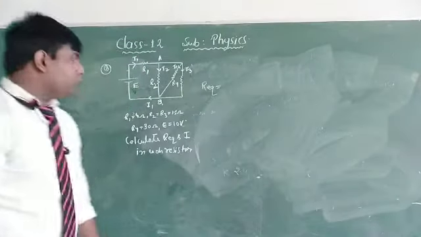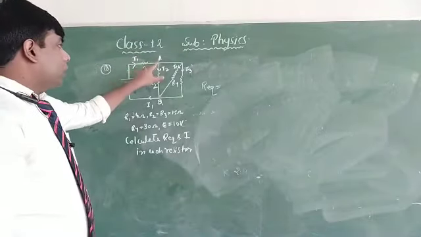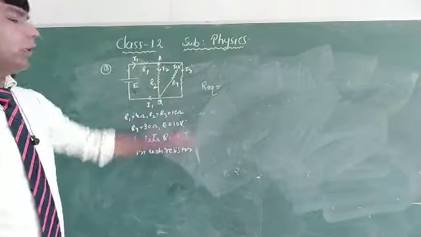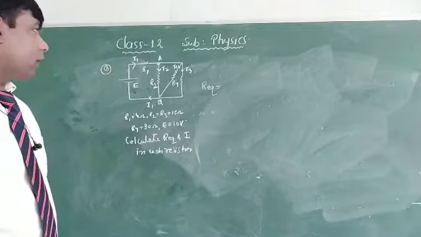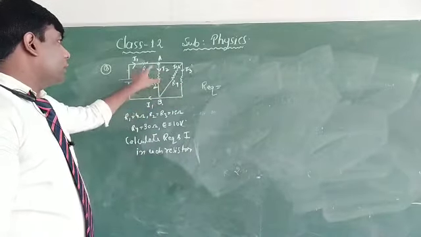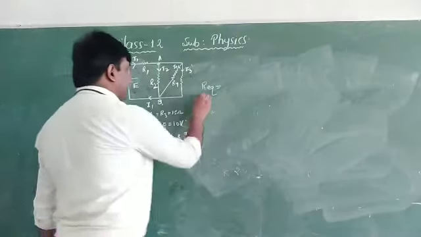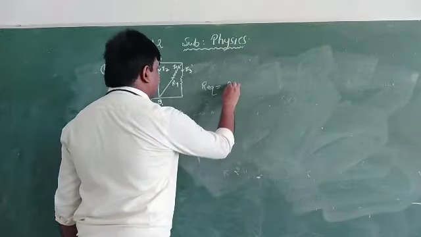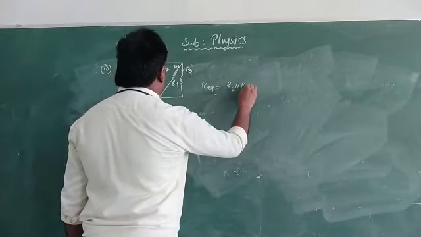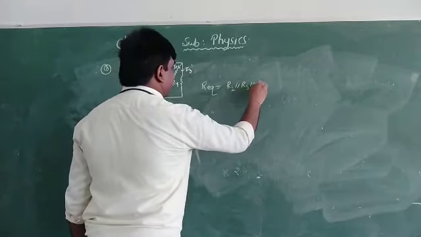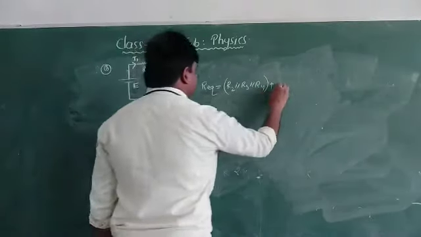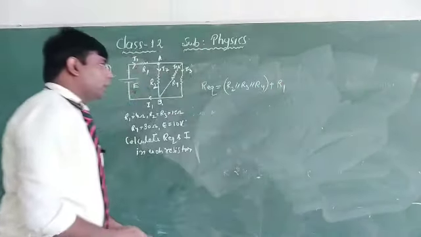for R equivalent, the current at this point, point A, is divided into 3 parallel parts, R2, R3 and R4. That is, these three parallel resistances are in series with R1. That is, right.